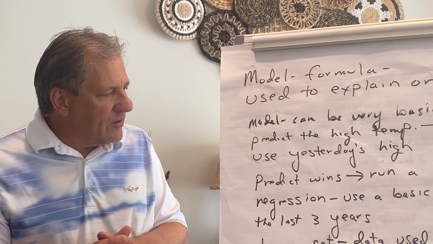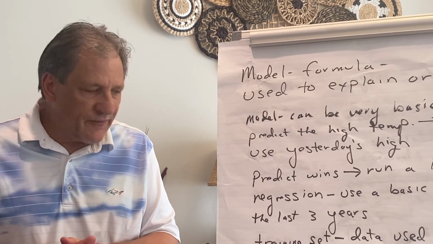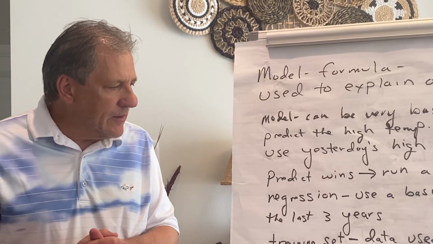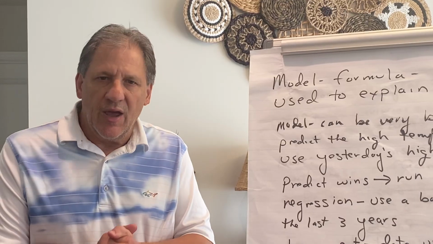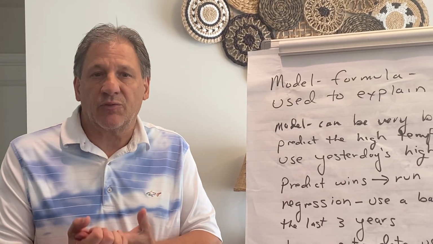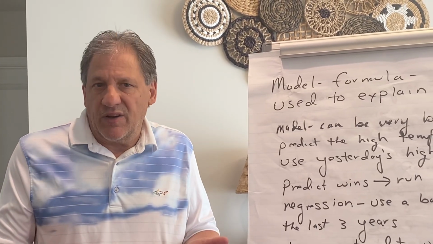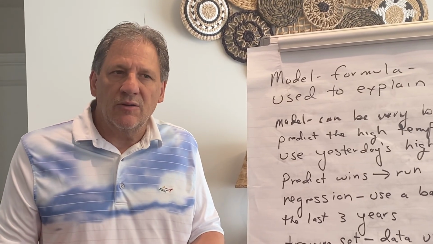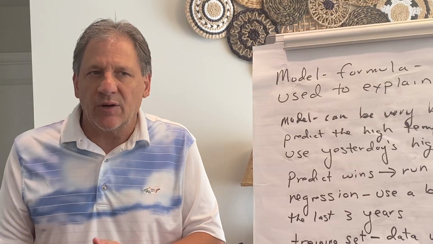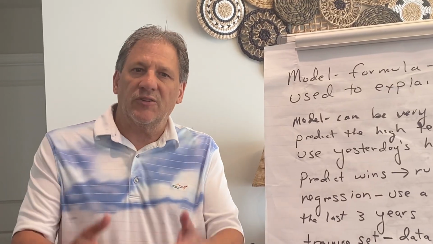So let's say that we want to predict wins of an NFL team, and we're going to use a basic one, and we're going to go back the last 3 years and look at their wins for the last 3 years. And we have an intuitive sense that using the wins of the last 3 years will help us predict the wins this year, right?